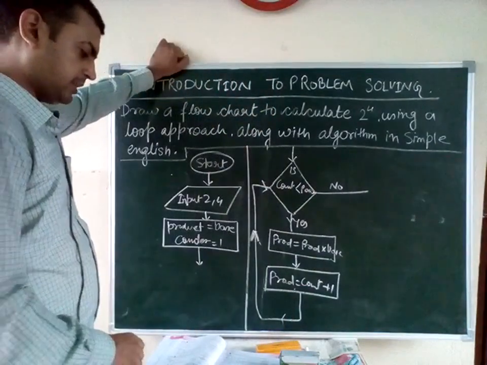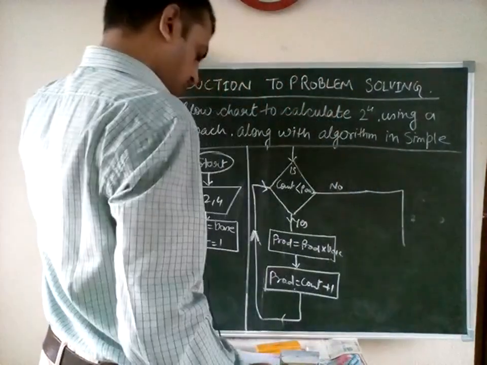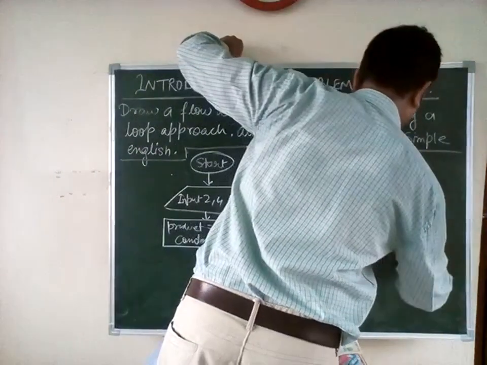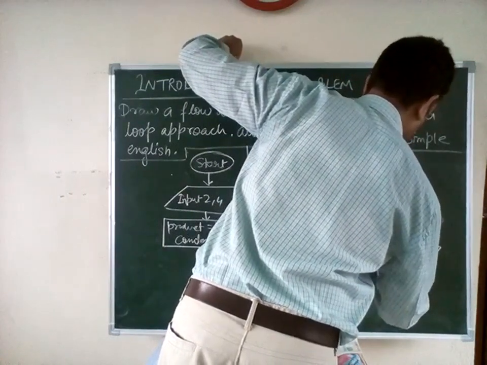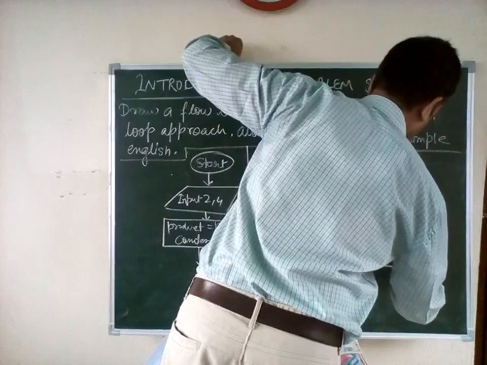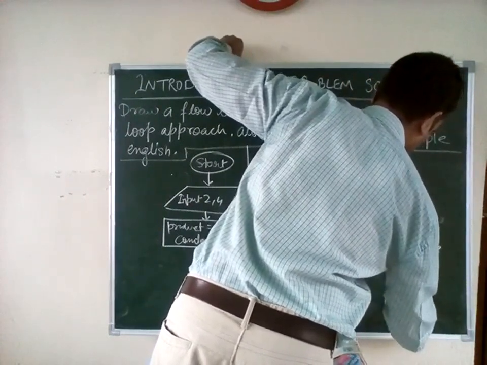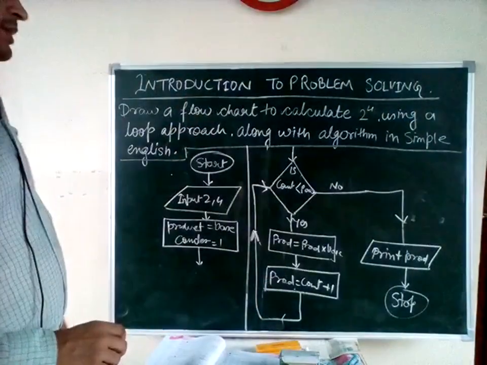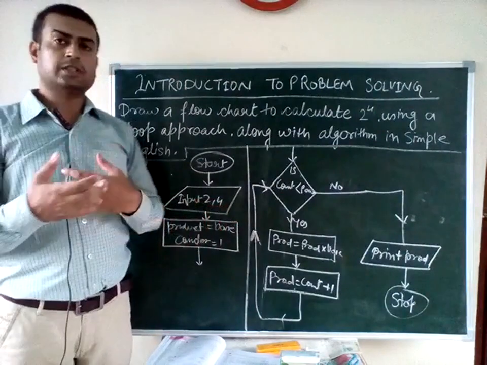And if it is no, then it will be out. So this is the output: print product and stop. Basically a loop is used to run the process again and again.